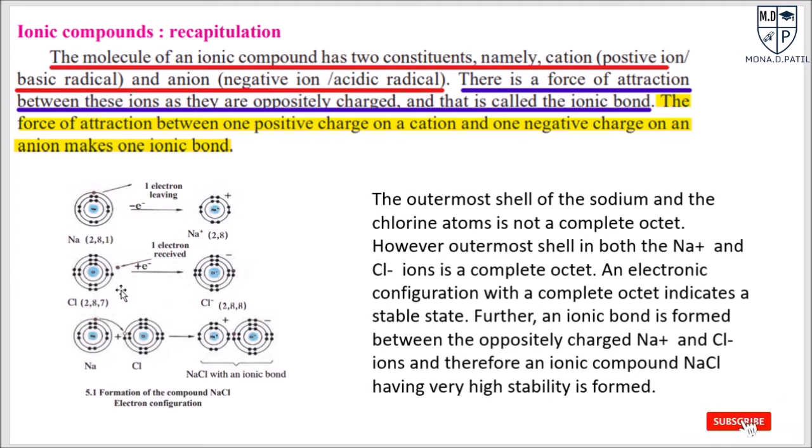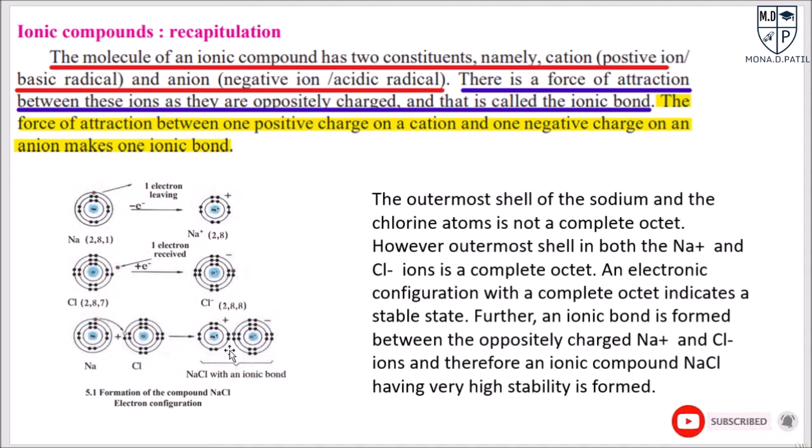Chlorine has electronic configuration 2,8,7, so its outermost shell needs 1 electron to complete the octet. That is why the electron given by the sodium is received by chlorine, and its electronic configuration becomes 2,8,8. In this way, sodium and chlorine share 1 electron to form one bond between them.